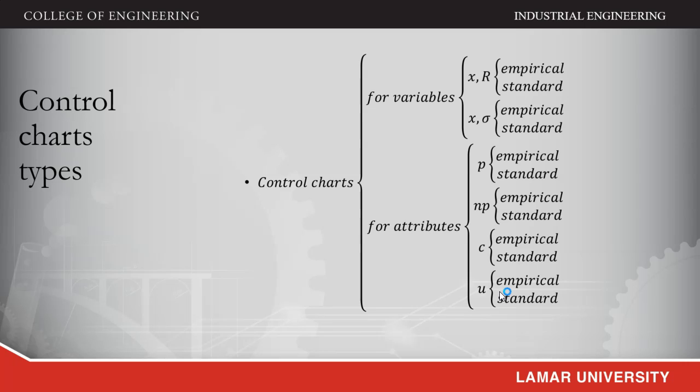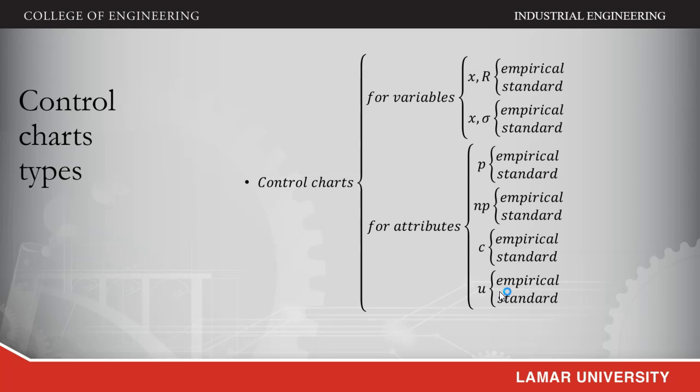Basically, we have two types of control charts. We have control charts for variables and control charts for attributes. Variables are anything that you can actually measure, such as temperature or distance, anything that has a continuous measuring condition.